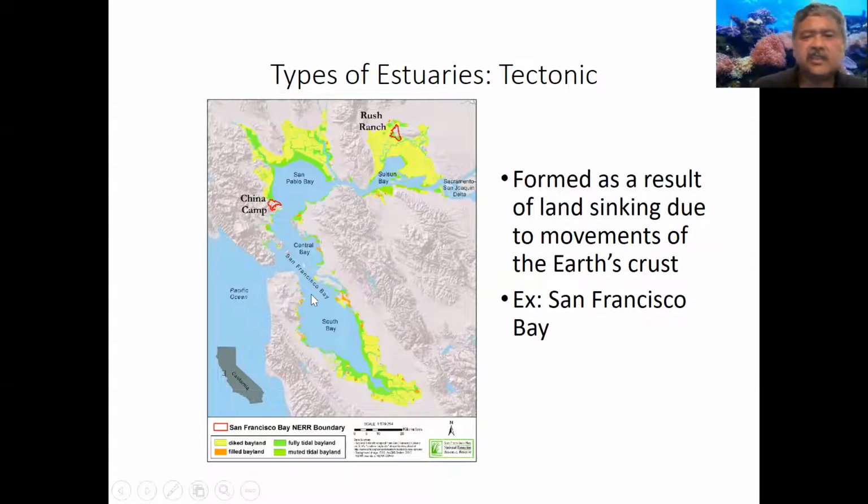Obviously, it's San Francisco, famous for its earthquakes, but this region right here, not built up, but a lot of estuary, and you can see that when you drive up the freeway, the 680, as you go up the right side of the bay here. So this is the tectonic estuary, and by the way, the city of Vallejo is up here.